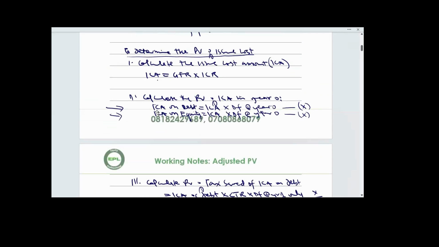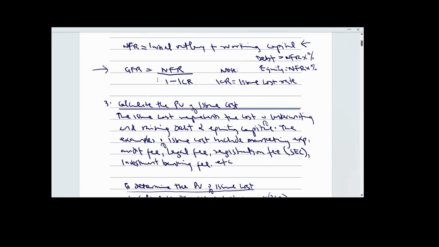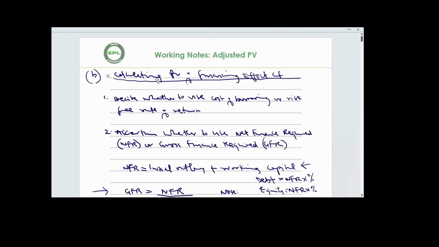So please take your time to review what we have done today, especially on this APV, so that you have good insight of the concept. Once you understand the concept, no matter how big is the question, you surely get the right answer. If you don't get the 100% of the question correctly, you'll be close to the 100%. So please take your time, review the procedures, and that's it.